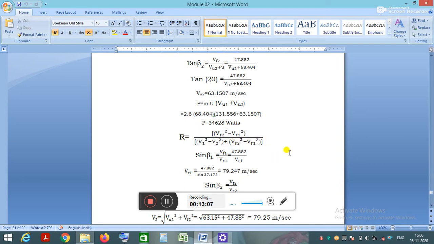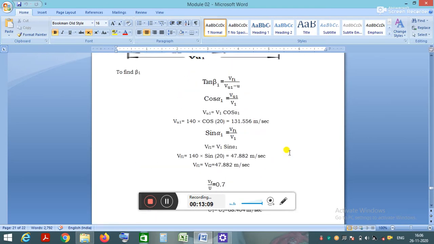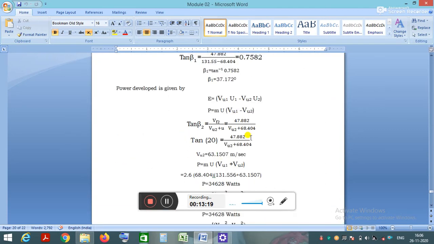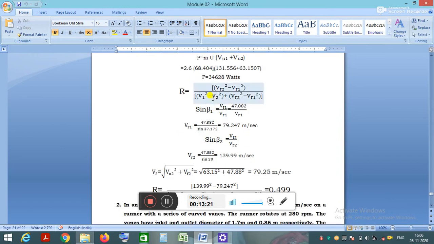From the inlet velocity triangle, sin beta 1 equals opposite by hypotenuse, Vf1 by VR1. Vf1 is already known, so we can find VR1. Similarly, we can find VR2. V1 is already given. We need to find V2.